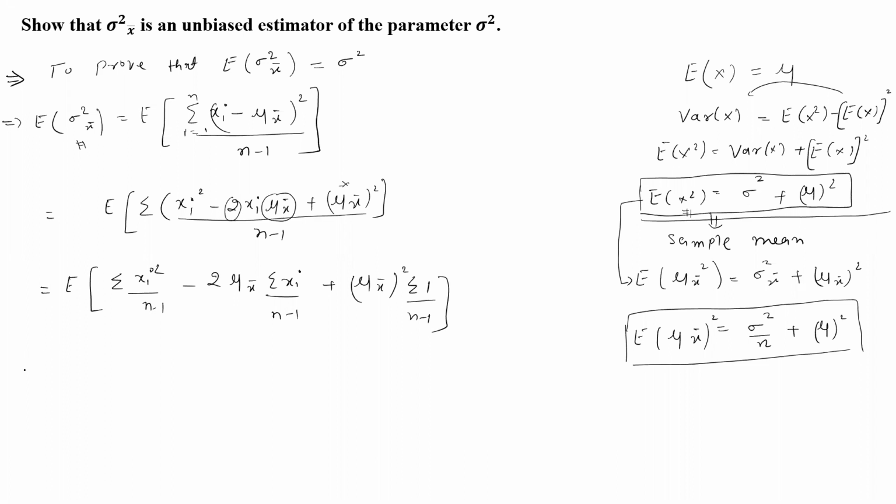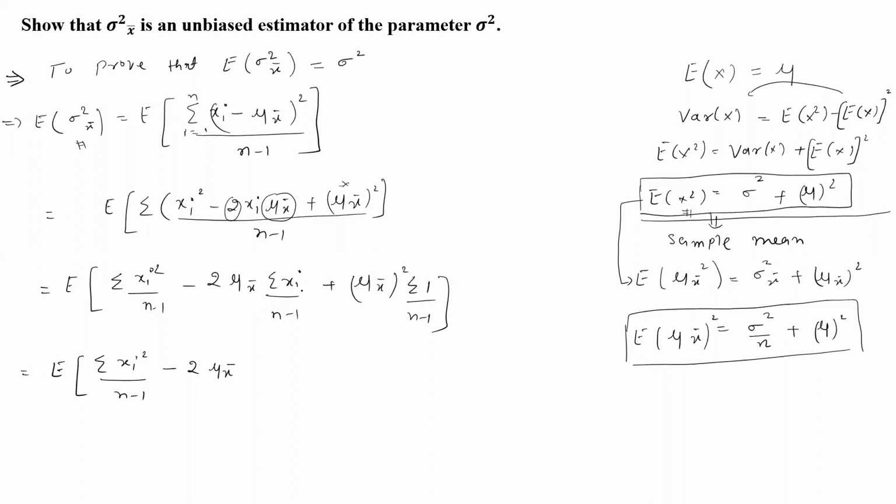Okay, so this gives me the expectation of summation of xi whole square divided by n minus 1 minus 2 mu x bar. What is summation of xi?